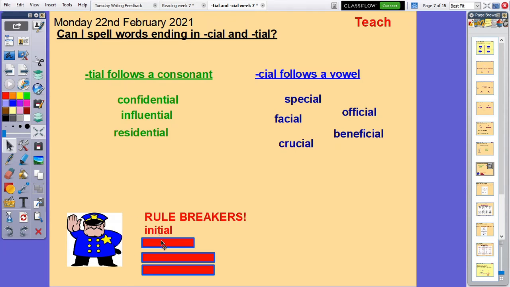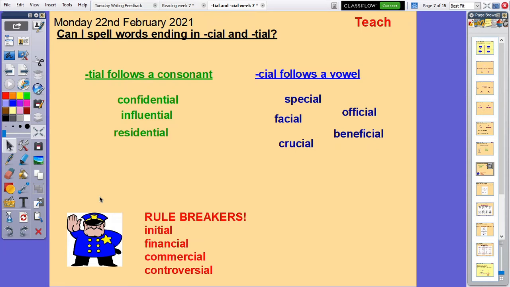So that's a rule breaker. Financial, commercial, and controversial. Now there may well be, and there are, some other rule breaker words, but I've just given you some examples that our English language is tricky because it doesn't always follow the same rules. They're always out to get us.